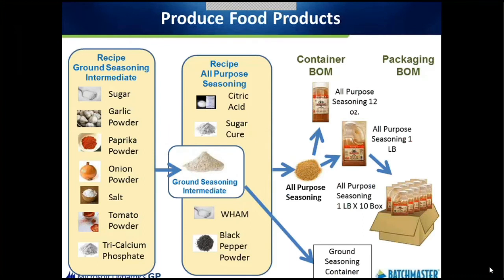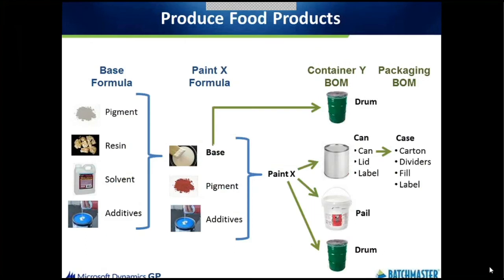I just wanted to show some of the typical food examples that we support. The key thing here: an intermediate that feeds another recipe that is then put into a container and then put into a packaging BOM. The interesting thing is we have separate recipes and packaging configuration specifications that you can manage.